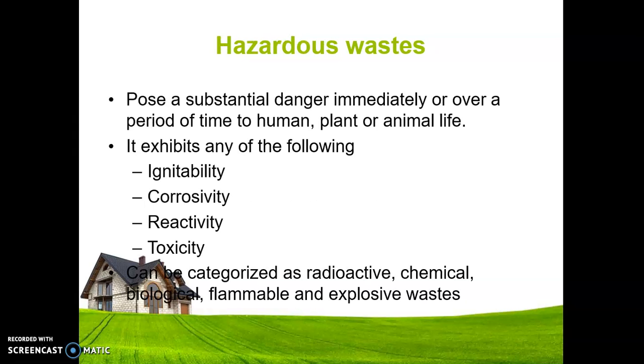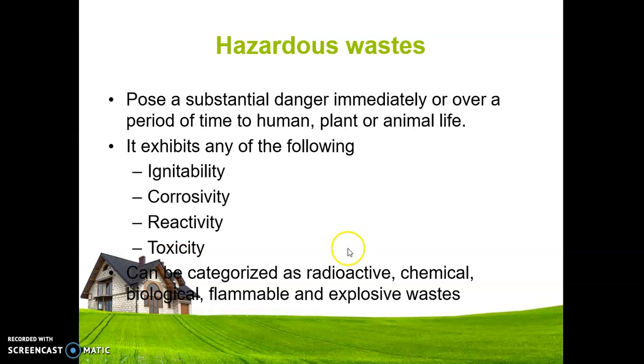Okay, so finally is the hazardous waste. What is hazardous waste? It poses a substantial danger immediately or over a period of time to humans, plants, or animals. These are the characteristics of hazardous waste: it is easily ignitable, corrosive, reactive, and toxic.